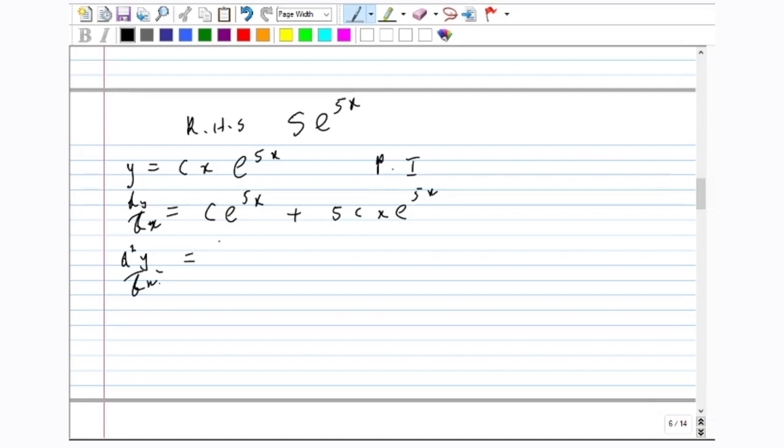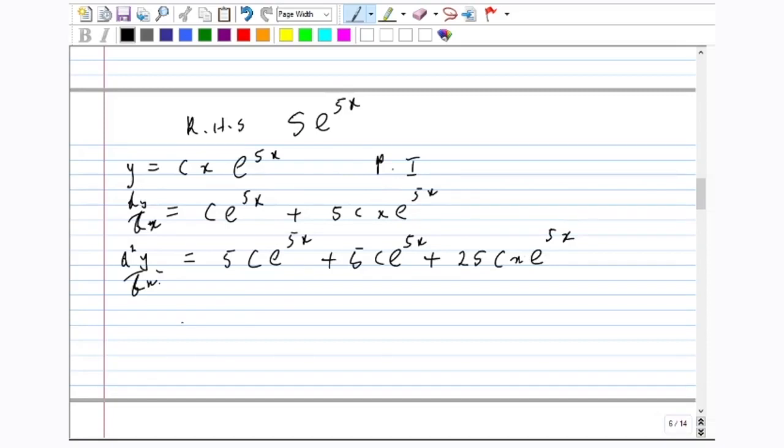If we differentiate this now, we are going to get 5c e to the exponent 5x. Then we differentiate with this x, so we are going to get another 5c e to the exponent 5x. Now we differentiate this, because remember we are using a product rule here, and we are going to get 25c x e to the exponent 5x. You have done your first derivative and second derivative.